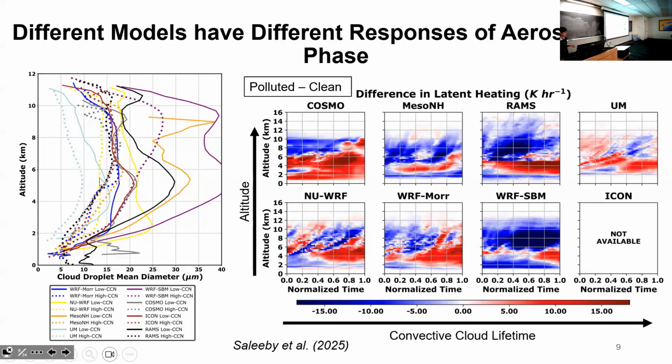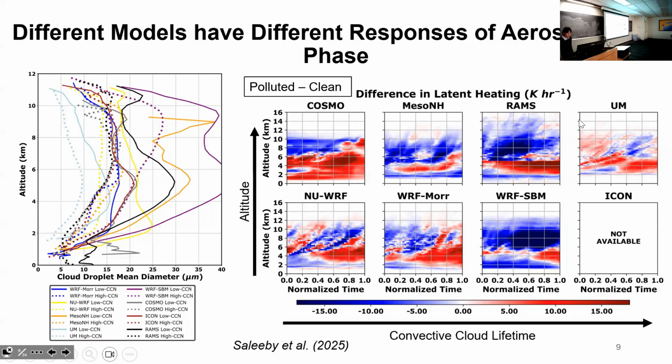This also shows the variability in the latent heating. Each panel shows the height versus time cross-section of the difference in latent heating as a function of convective cell evolution. Red represents the positive feedback of the aerosols, and blue represents the negative feedback.